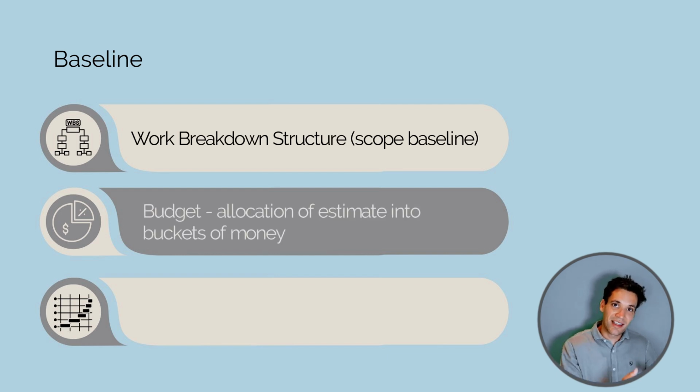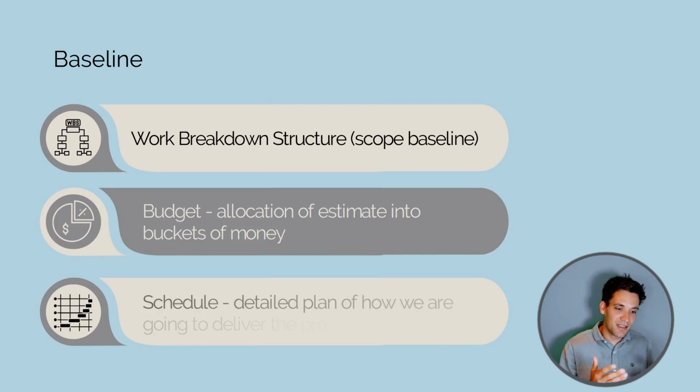So we need to allocate the estimate, which was prepared at tender. Now remember, an estimate is the tender team calculating how much it's going to cost to complete the project. We want to turn this into a budget. So a budget is buckets of money we can allocate to different tasks. How an estimate is produced isn't always going to align with how we want to track and monitor expenditure. So we have to translate the 2.